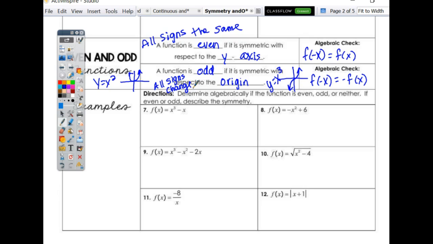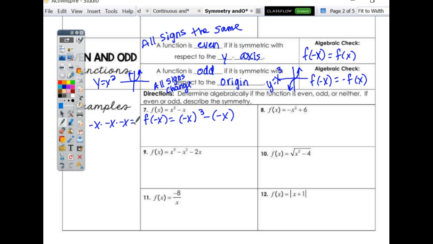So this is how this is going to work. I'm going to substitute in a negative x. And when I substitute in a negative x, I get negative x to the third power. So I'm doing negative x times negative x times negative x. And what is that?